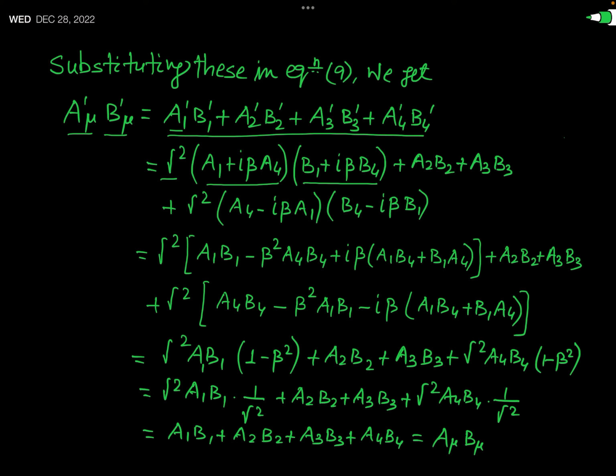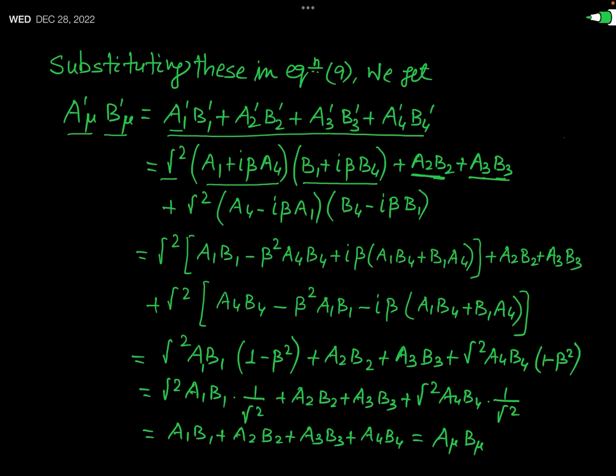Now you have seen that A2 prime is equal to A2 and B2 prime is equal to B2, so A2 prime B2 prime will be simply equal to A2 B2. You have also seen that A3 prime is equal to A3 and B3 prime is equal to B3, so A3 prime B3 prime will be simply equal to A3 B3.